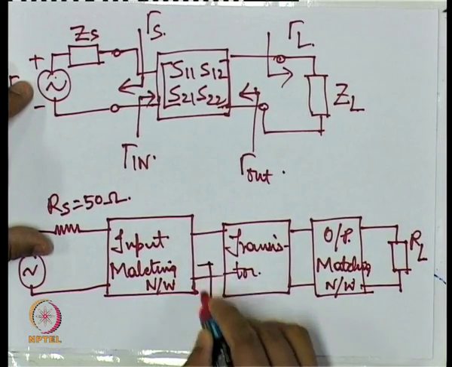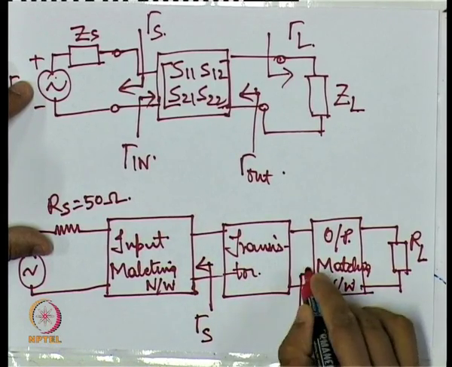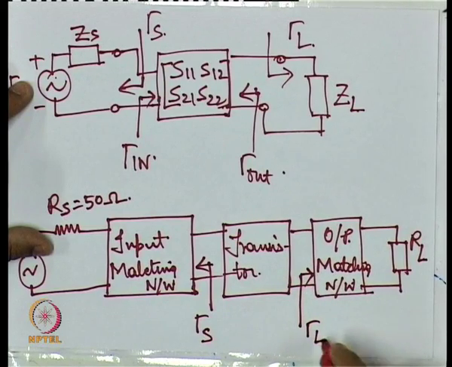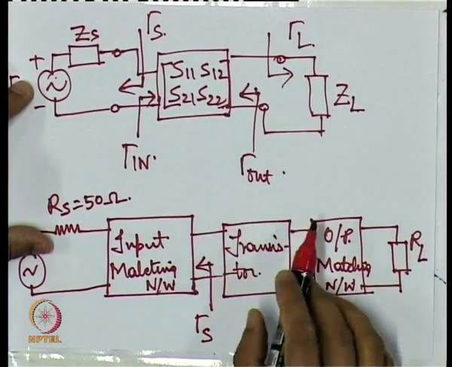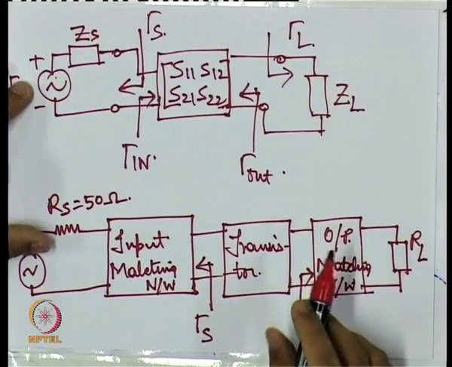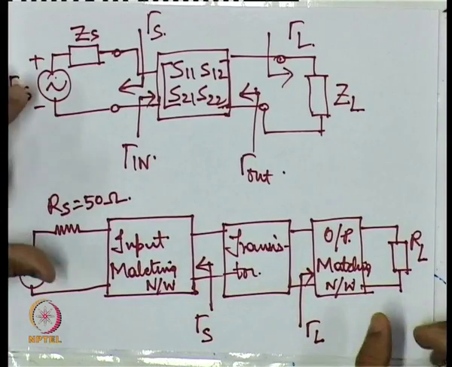What the purpose of these input and output matching networks is, is to obtain an appropriate gamma S and gamma L that will satisfy the various conditions, input matching, then output power, noise, and all those criteria that I mentioned earlier in the lecture today.